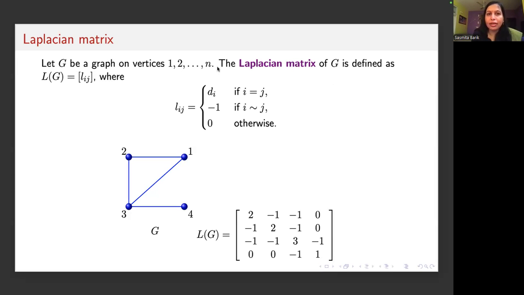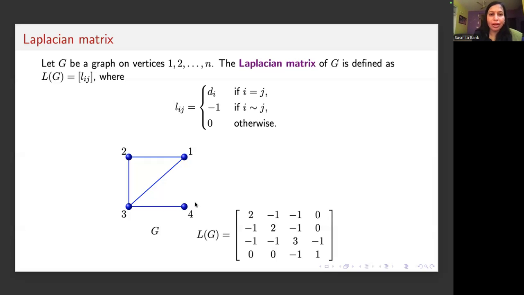It's an n cross n matrix if you have n vertices. And the ith diagonal entry will be di, if i equals j. That means all the diagonal entries are the degrees. So degrees will be on the diagonal, like here you can see in the example. And off-diagonal entries will be -1 if i is adjacent to j and 0 otherwise.